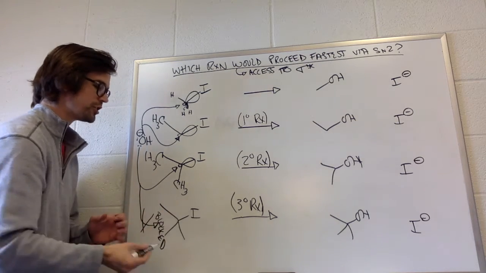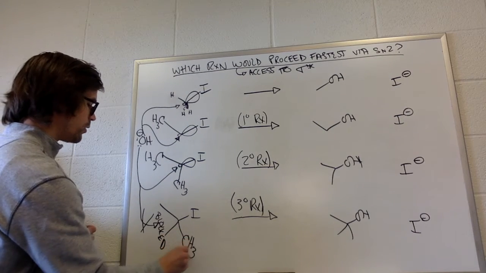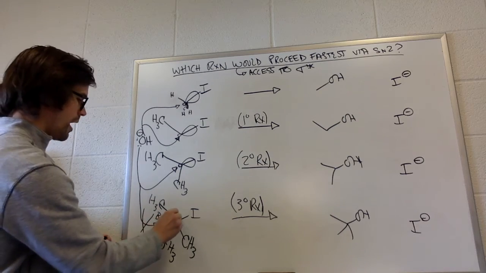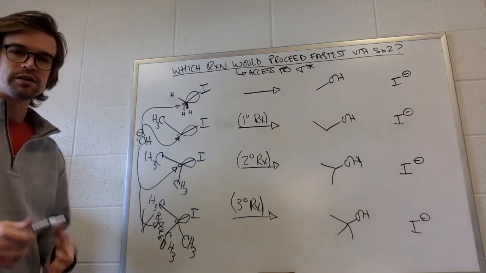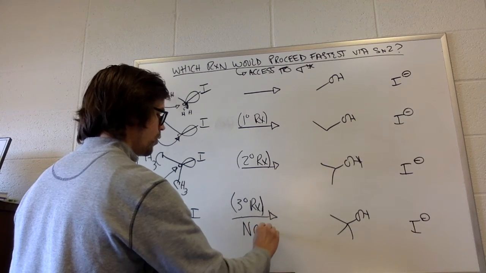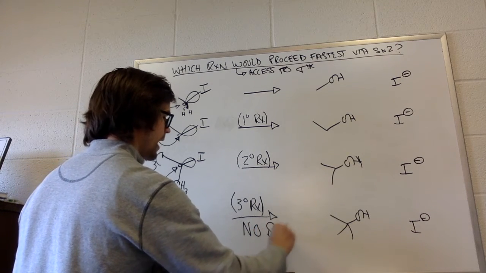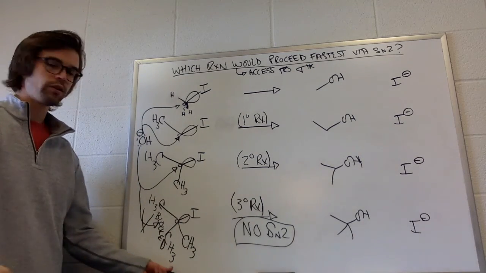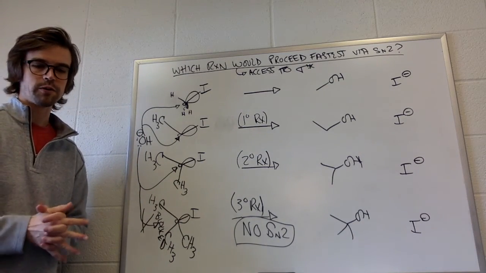Once we get to a tertiary alkyl halide, having 3 of these big CH3s right around that sigma star is too much. It's blocked. This last one will do no SN2 reaction because it's too hard for that nucleophile to get to the sigma star orbital.